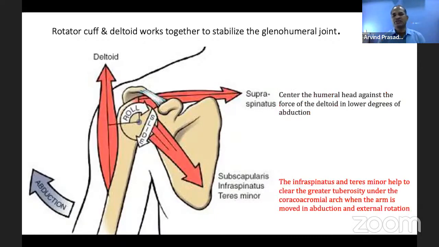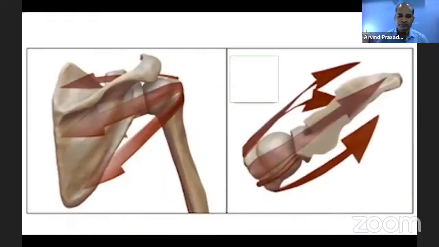The next is the infraspinatus and teres minor. These help in passing the greater tuberosity inside the acromial arch in the mid-range of abduction and the external rotation of the shoulder joint. We can see here in the coronal section as well as in the axial section how all four rotator cuff muscles stabilize the humeral head against the glenoid.